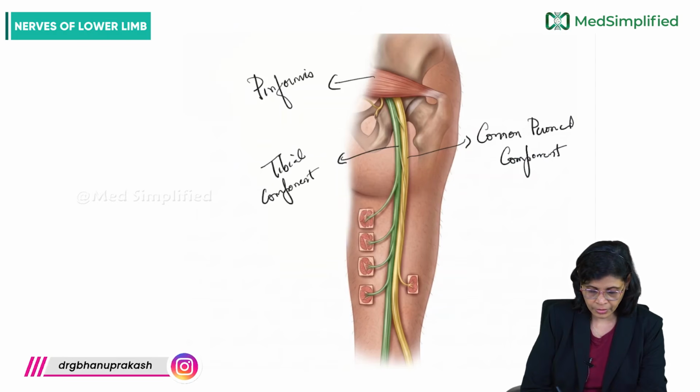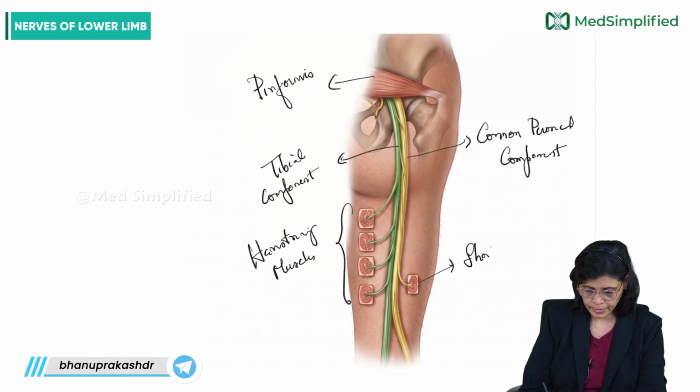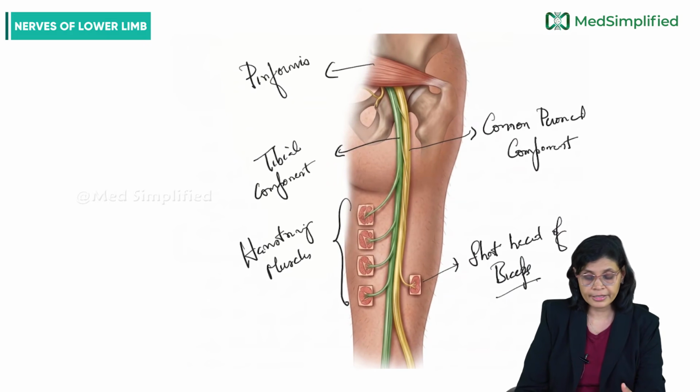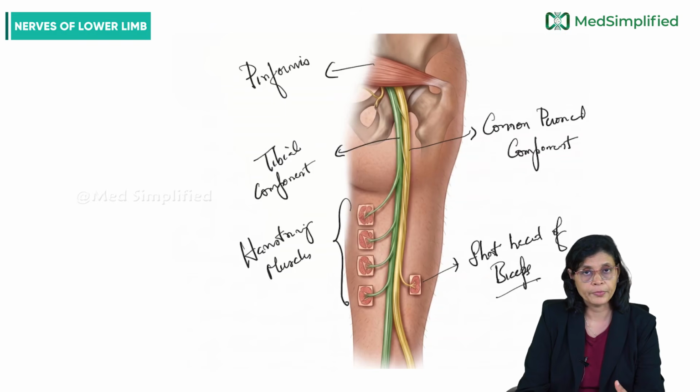It is supplying all the hamstring muscles, and this is the short head of biceps. So the motor branches of this undivided trunk supply all the muscles of the back of the thigh. These hamstring muscles cause flexion of the knee and extension of the hip.